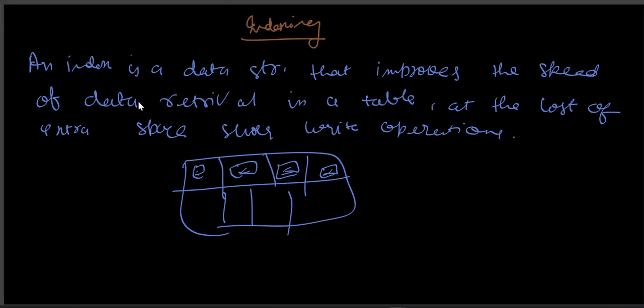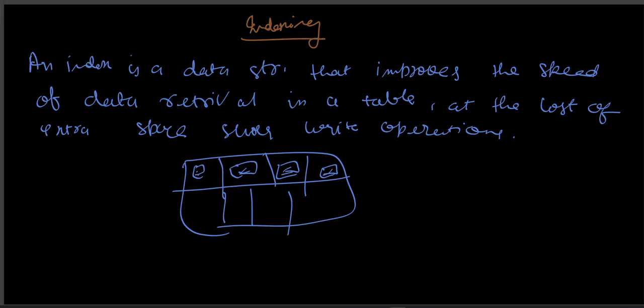Indexing is a data structure that improves the speed of retrieval in a table at the cost of extra space and slower write operations. For example, indexes are like the index at the back of a book. They help you find the data quickly. So this is how indexes work.